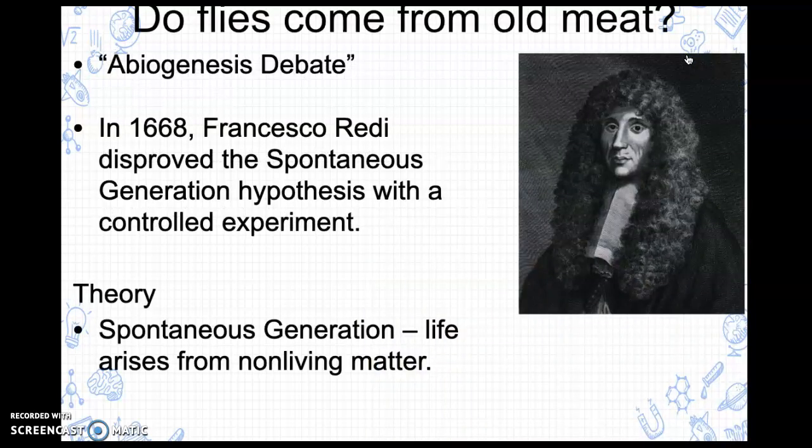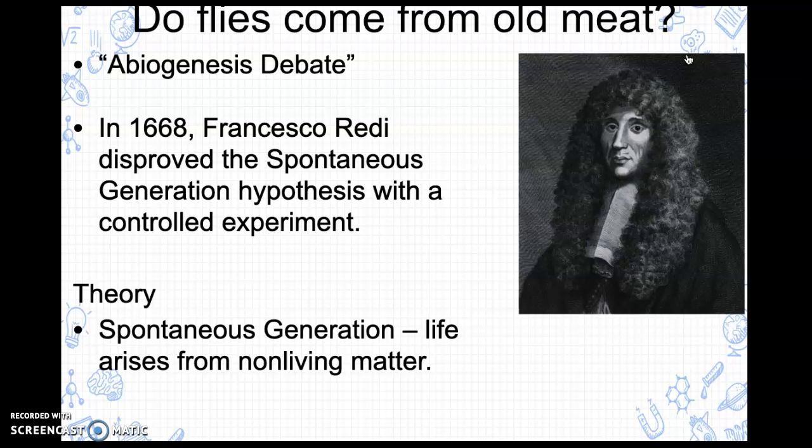So the Abiogenesis Debate: in 1668, Francesco Redi disproved spontaneous generation, and he was kind of the father of experimental biology. By conducting a controlled experiment and publishing his work, this led to an explosion of thought and recorded science. The theory at the time was that life arose from non-living matter.